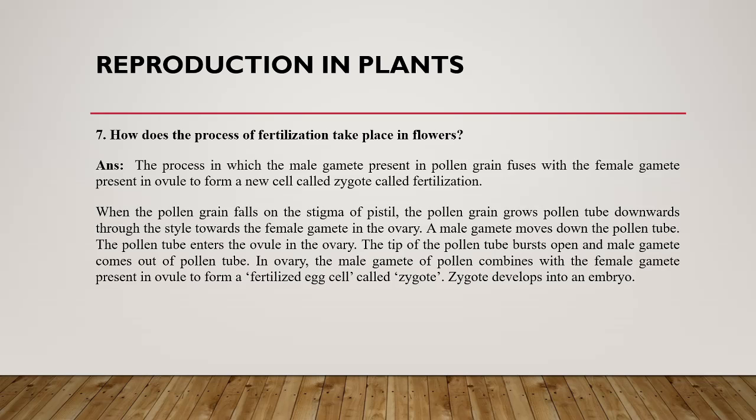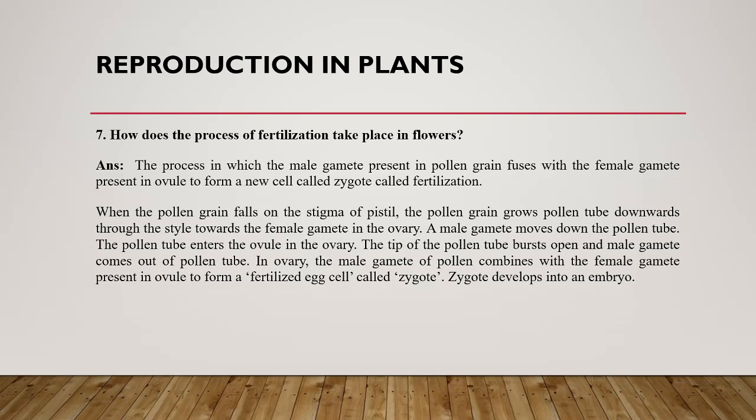Okay, now I hope all of you know the fertilization definition. What is fertilization? That is the process in which the male gamete present in the pollen grains fuses with the female gamete present in the ovule to form a new cell, which is known as the zygote.